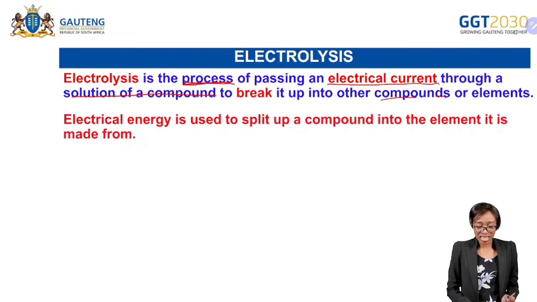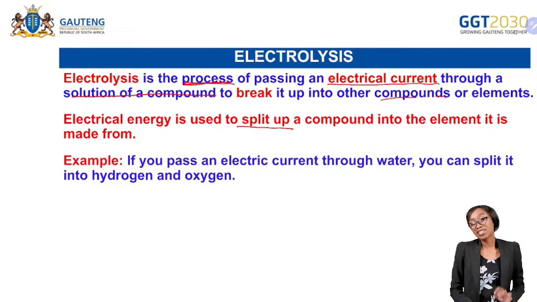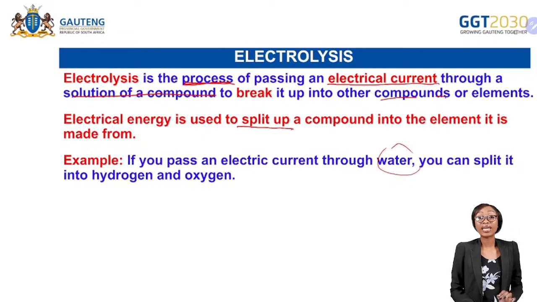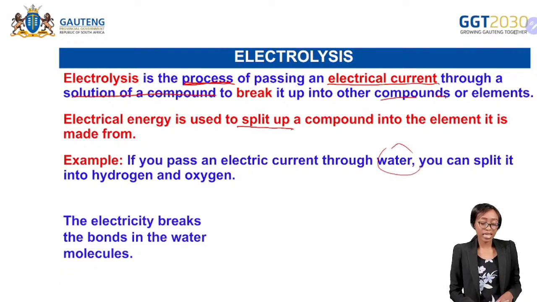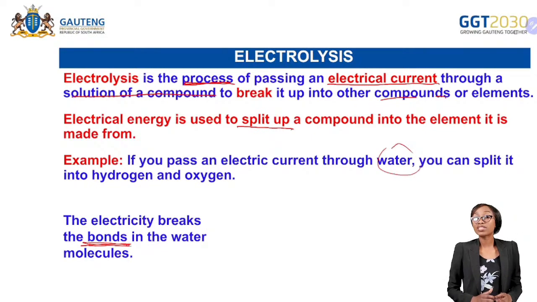So electrical energy is used to split up a compound into the elements that it is made from. For example, if you pass an electric current through water, you can break it down to hydrogen and oxygen. So the electricity breaks the bonds in the water molecules. Remember, we said during a chemical reaction, when a bond is formed, we call this a chemical bond. So electricity is able to break that chemical bond.